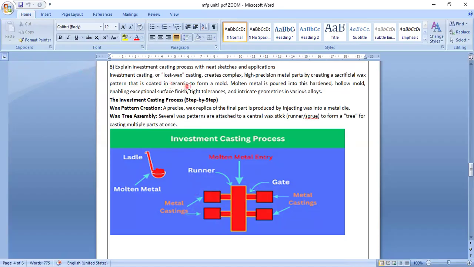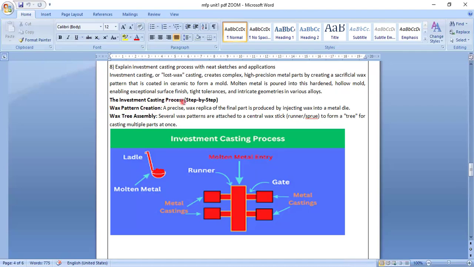Investment casting or lost wax casting creates complex, high precision metal parts by creating a sacrificial wax pattern. So this is going to create a sacrificial wax pattern that is coated in ceramic to form a mold. Molten metal is poured into this hardened hollow mold, enabling exceptional surface finishes.